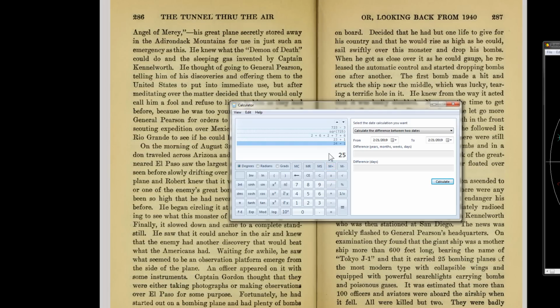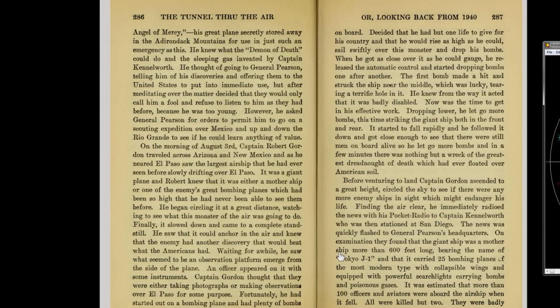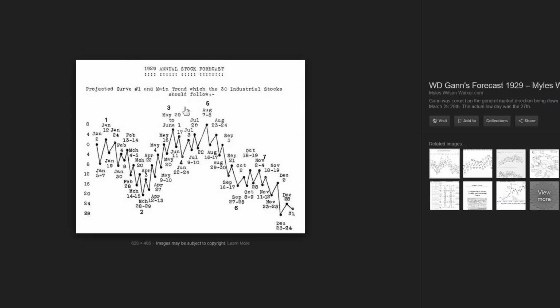Now, one thing I want to point out is the name Tokyo J-1. If we look at Gann's 1929 annual forecast, we see the Gann forecast.